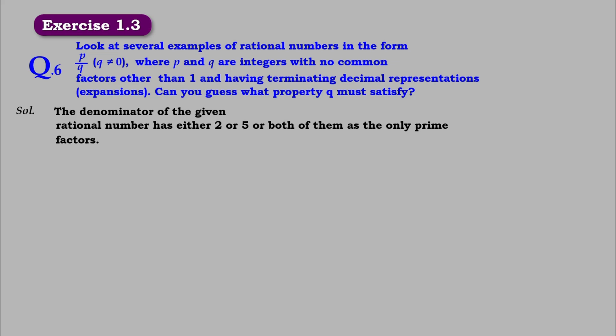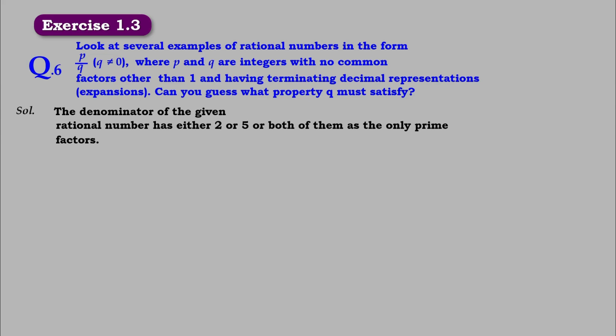So now the question is given where p and q are integers with no common factors other than 1 and having the terminating decimal representation. So that means the denominator of the given rational number has either 2 or 5 or both of them as the only prime factors.